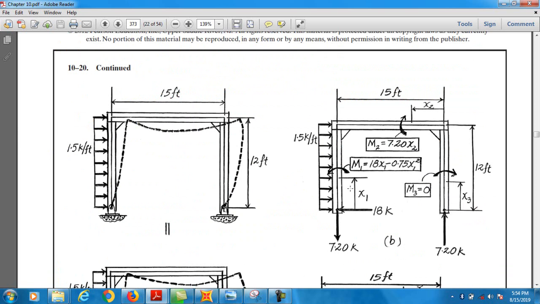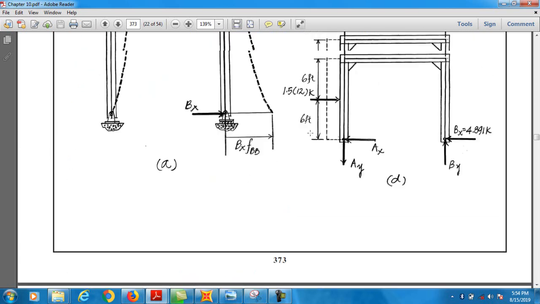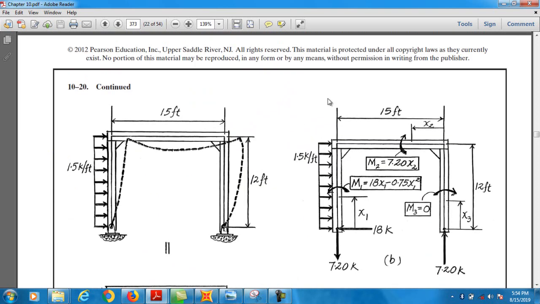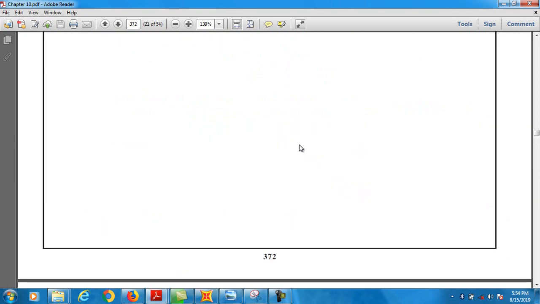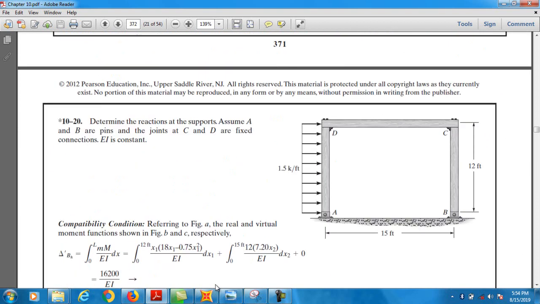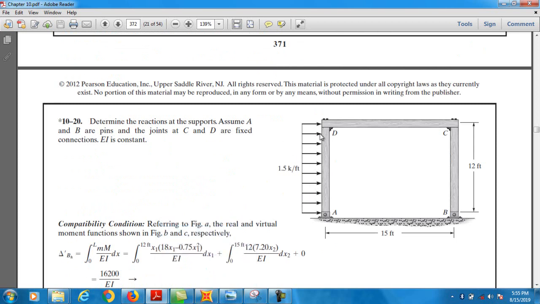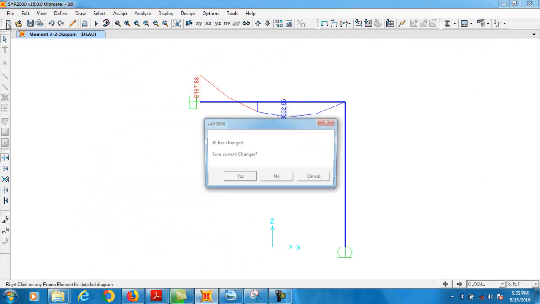We just draw the shear force and bending moment diagram, and there are just the reactions. The units are kip per foot, and this is a kind of wind loading on a frame. So let's see.